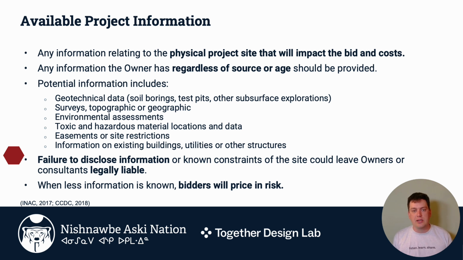Things like geotechnical data, surveys, environmental assessments, things about the site and the project that might be relevant to the bidder. The first reason to do that, and that's regardless of the age of that information or what you think about that information, you should include it because it does reduce risk for the potential bidder, and again, demonstrates the due diligence that you've done.